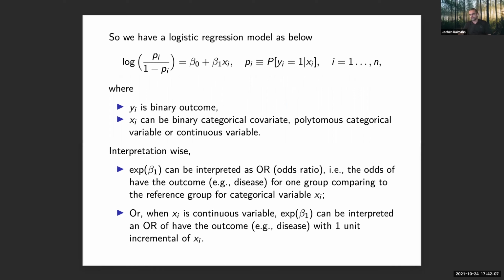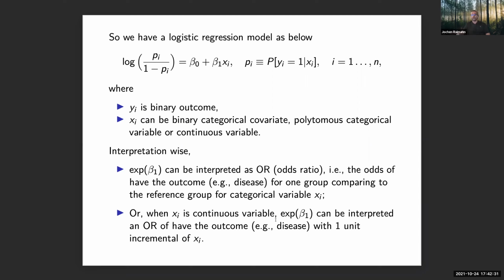So basically, each continuous variable will show you the odds ratio with 1 unit increase of your xi, all else being equal. And this is one of those phrases that you will often see whenever it comes to reporting of logistic regression.